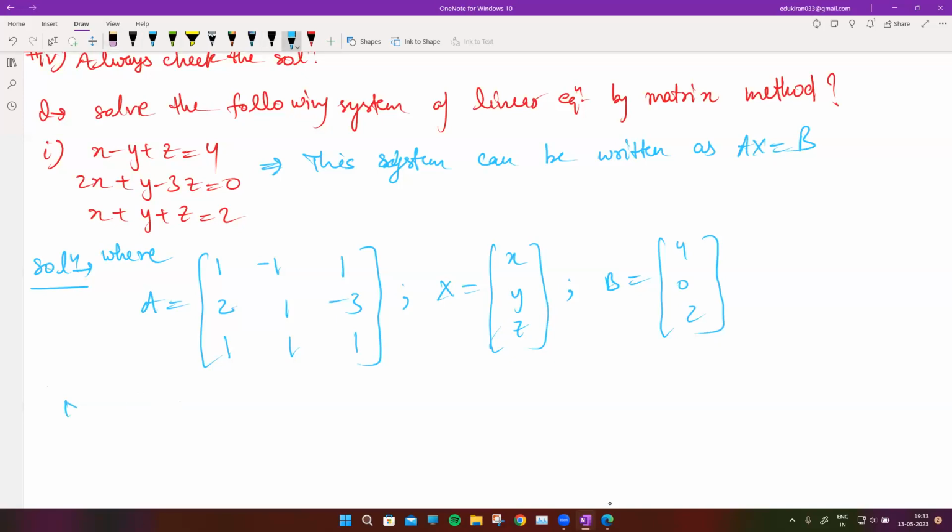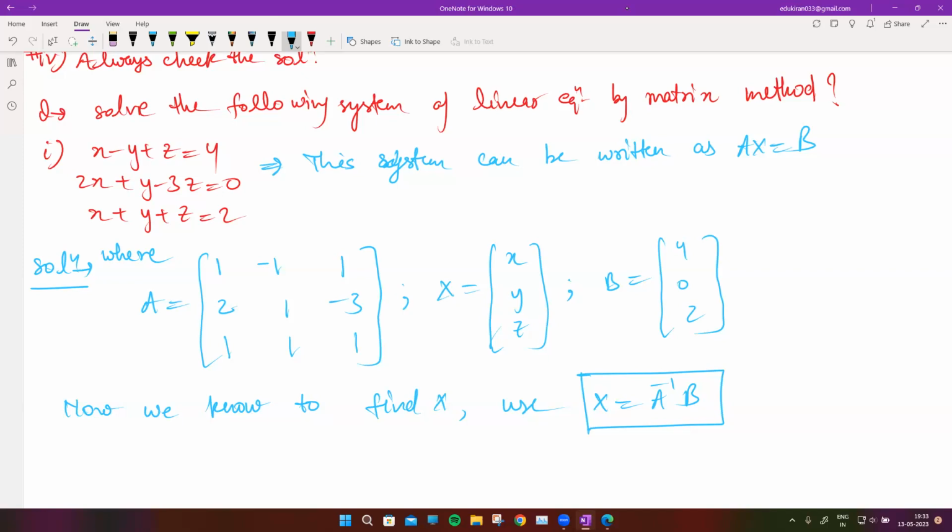Now we know to find X, use X equals A inverse B. So first, the critical step is to find out A inverse, right?